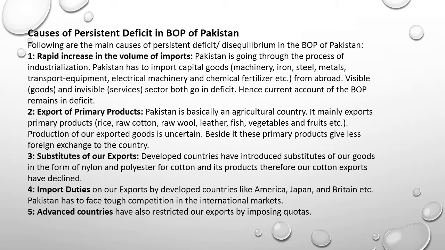Our cotton is used for packing purpose and for making cloth, but for packing purpose the other countries have introduced substitutes in the form of nylon and polyester. Bags are made by nylon and polyester, etc., and now they do not get our cotton for making bags for packing purpose.